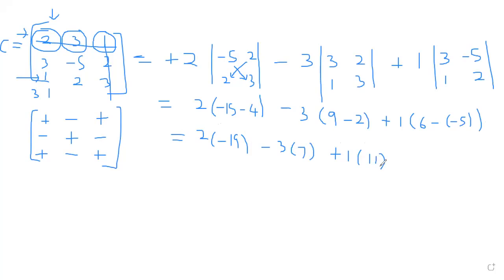Okay, so as you can see, this will give us minus 38, minus 21 plus 11, which will be negative 48. So that will be the determinant of our 3 by 3 matrix.